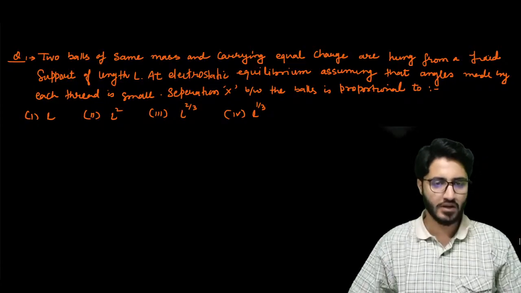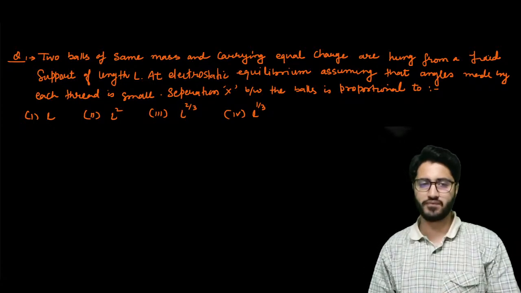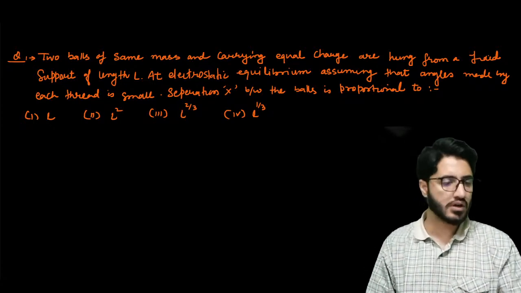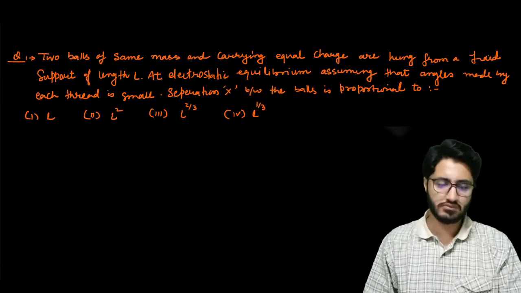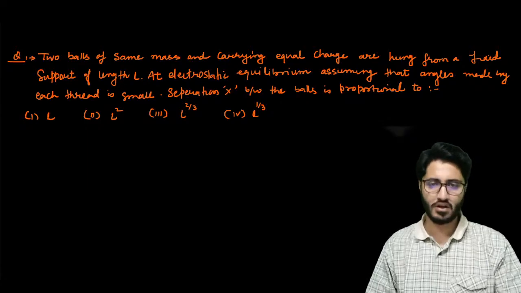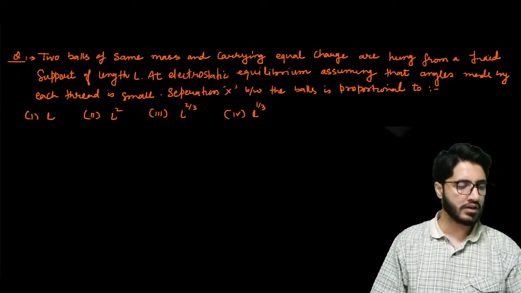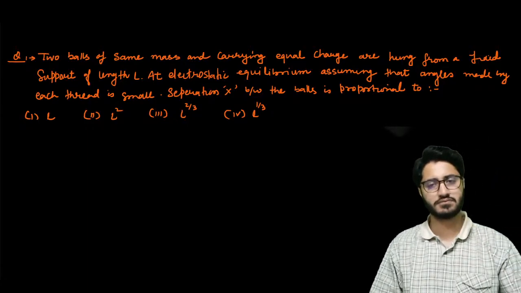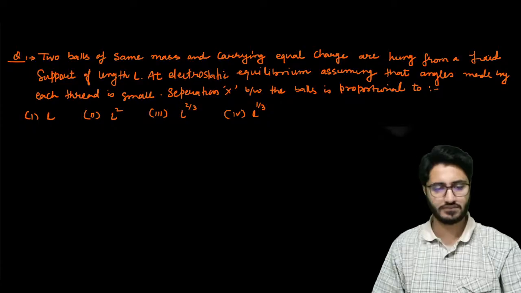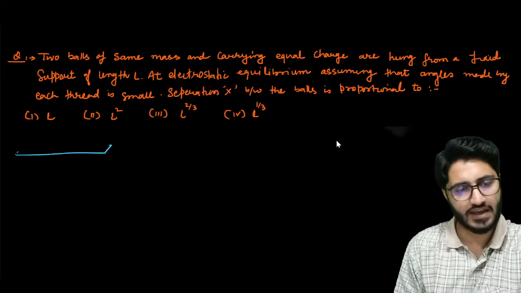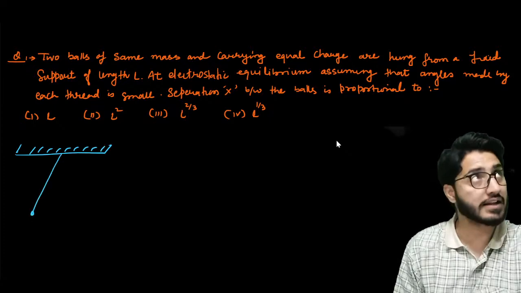Okay. Now what we have here, the next numerical is two balls. We have two balls of same mass carrying equal charges, hung from a fixed support of length L. That means if we have something like that, we have it like this.